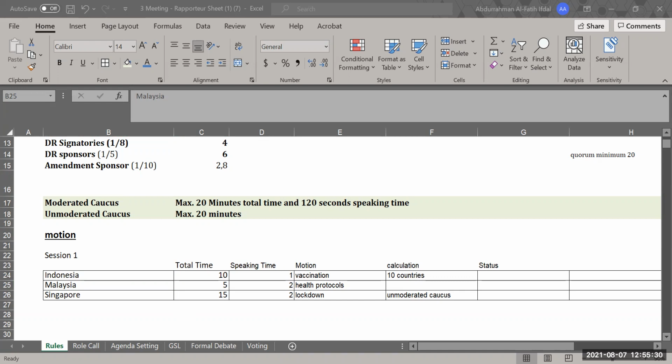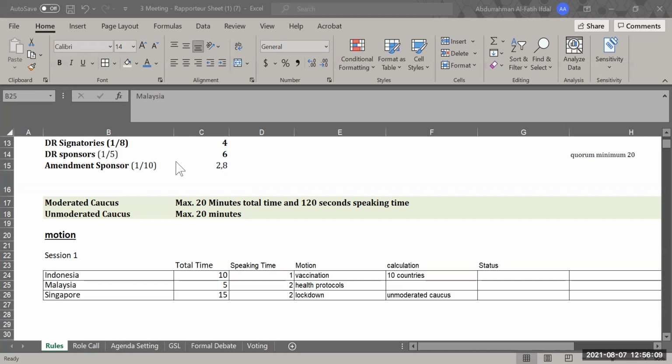Feel free to answer the question. All right, I see a sufficient number of people have already answered the question. I see Indonesia, I see Malaysia as well. Nobody's answering Singapore.